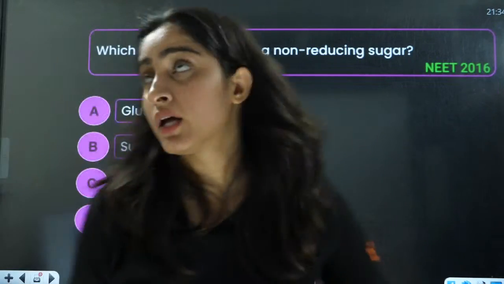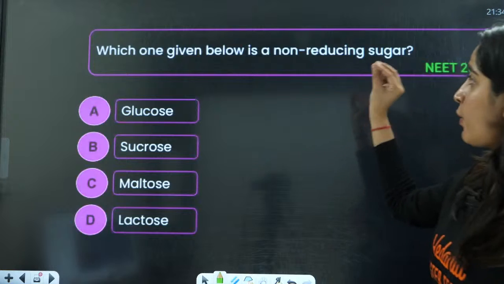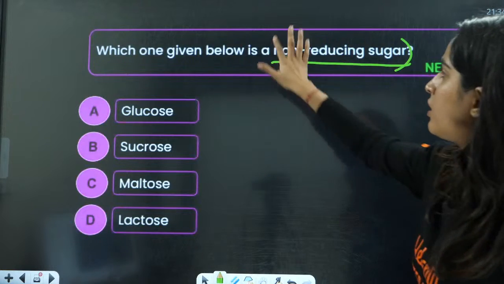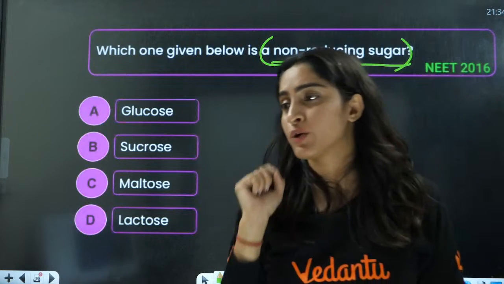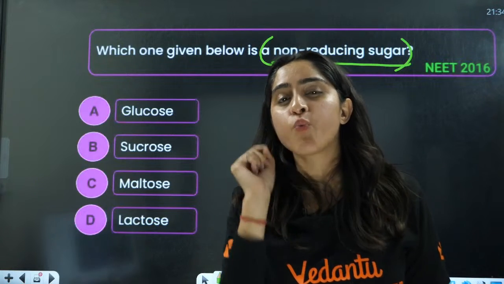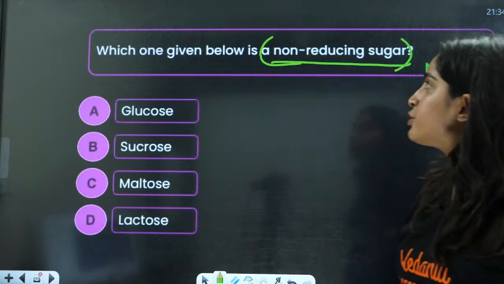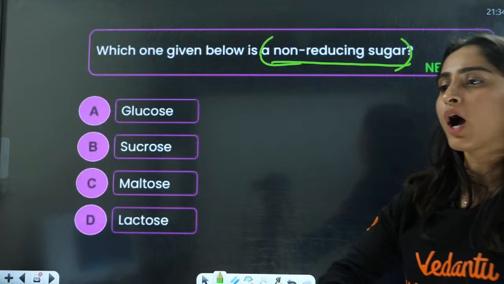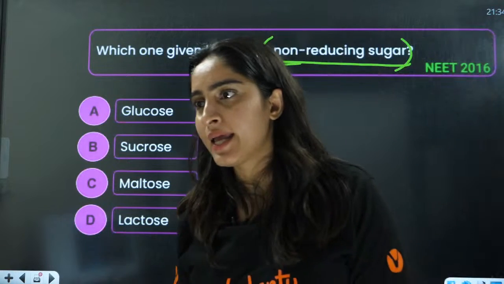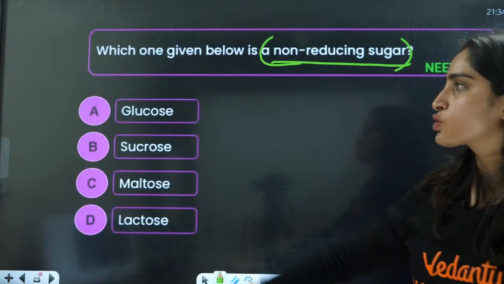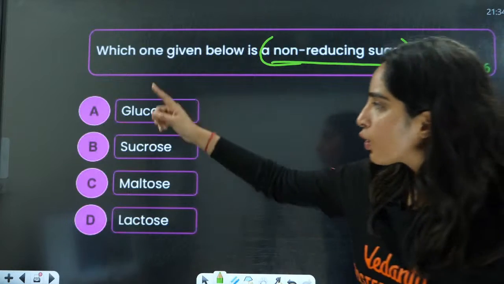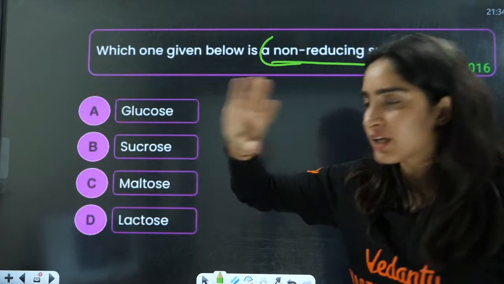Next is, which one given below is a non-reducing sugar? Glucose, sucrose, maltose, lactose.